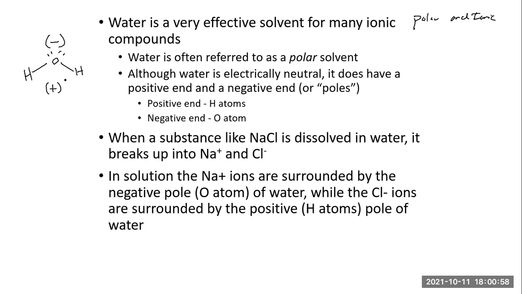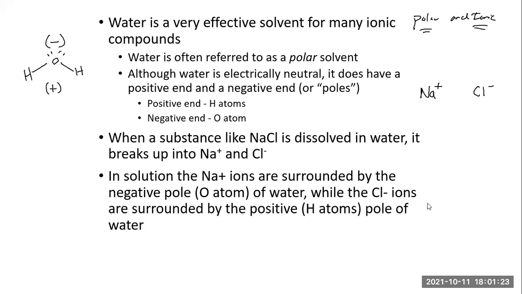So why would that be good for things that are ionic? Why would that be good for things that are polar? It is good because when you take something like sodium chloride that's solid and you throw it into water, it breaks apart into sodium ions and chloride ions. And in chemistry, as we talked a lot about up to this point, there's that idea of opposites attract.